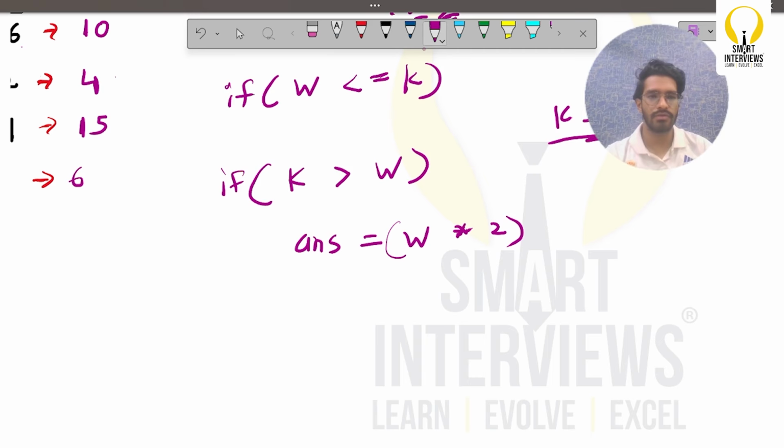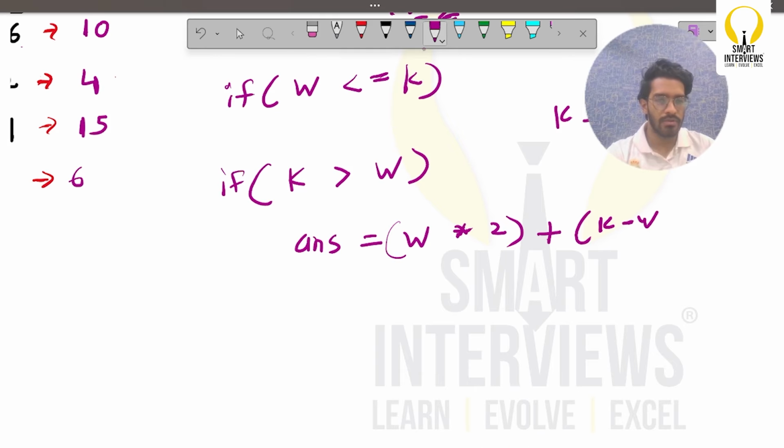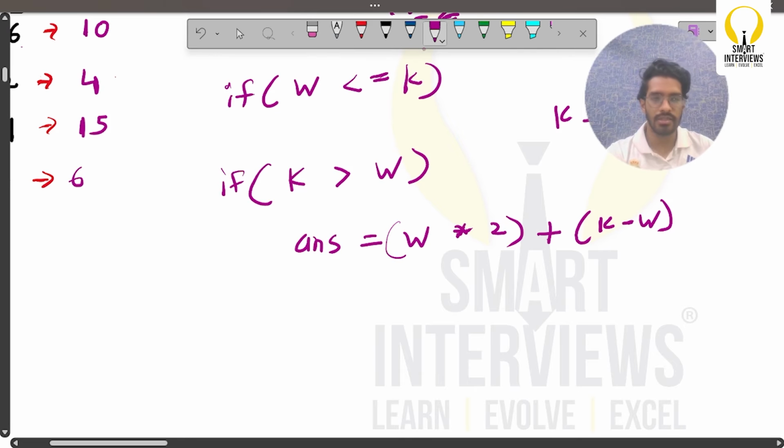Yes, we have to definitely pick K minus W of plastic chairs. So can we simply write the formula as K minus W number of plastic chairs I still have to pick, and the weightage here is of course into 1. Can we ignore this into 1 because it would be the same value anyhow?